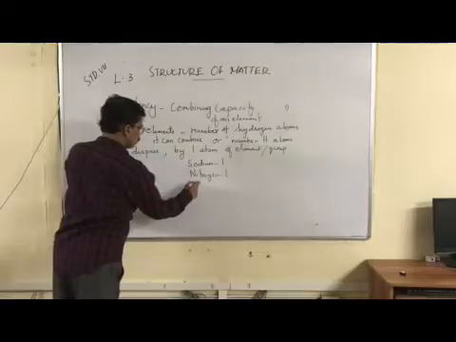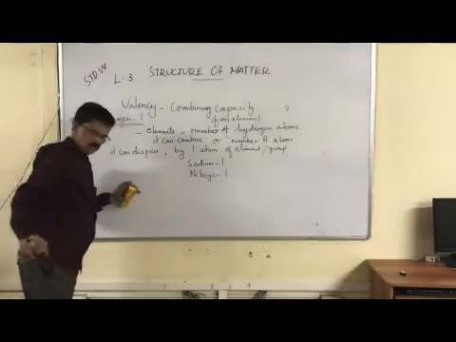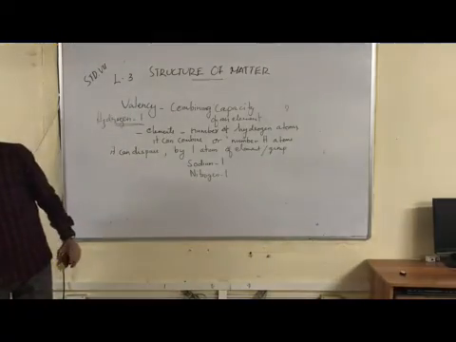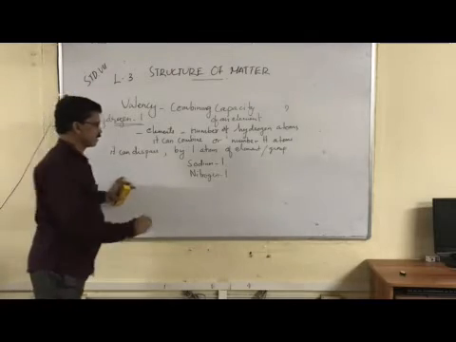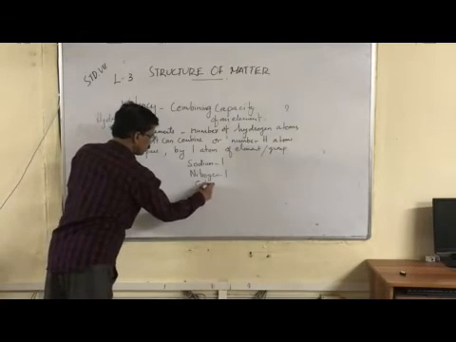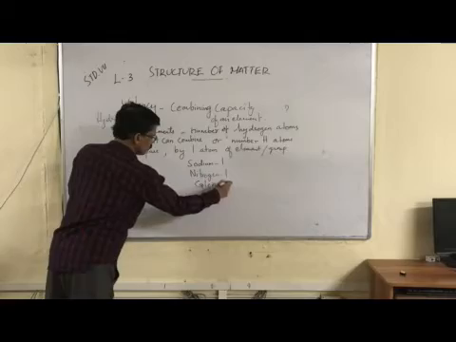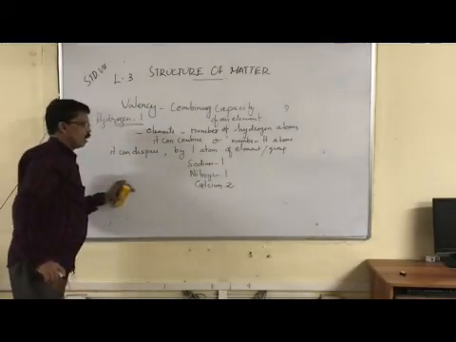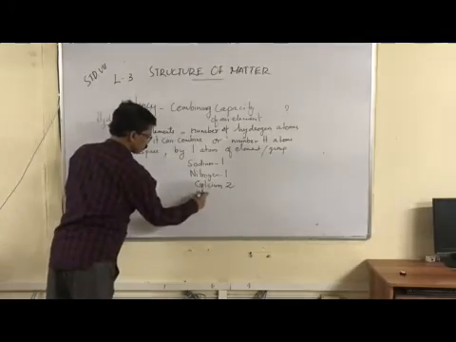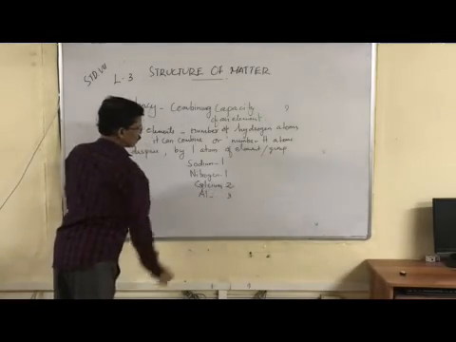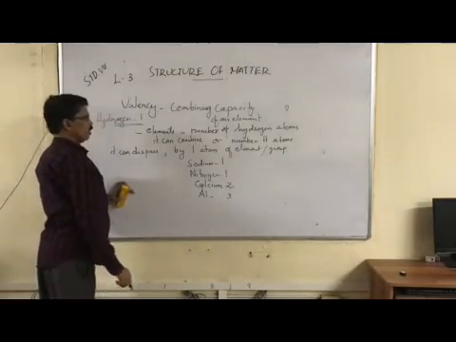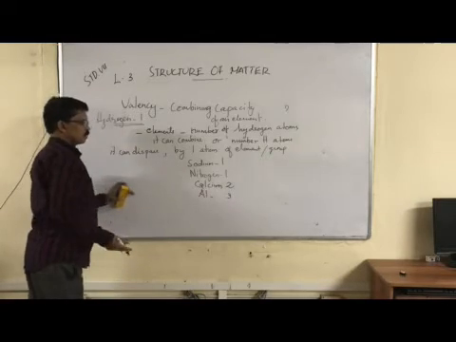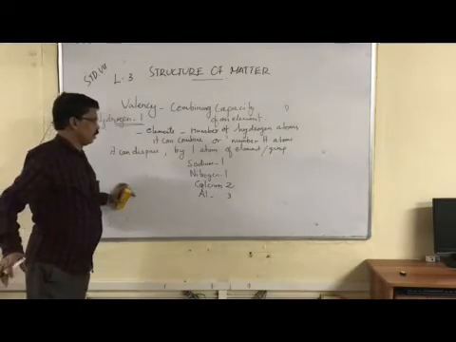At the same time, there are some elements like calcium. Calcium, the valency is 2. Then aluminium, valency may be 3. So the valency of different elements may be different.